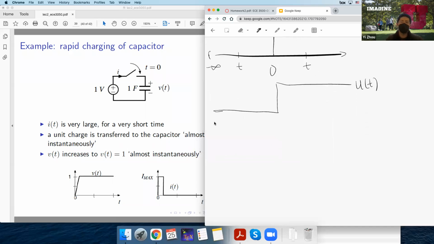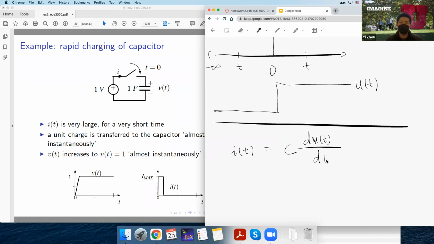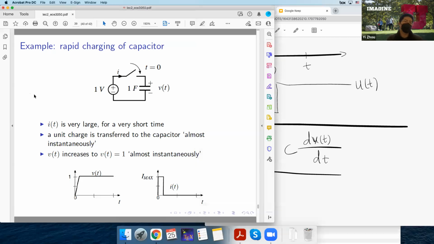I believe, if I remember correctly, though I'm not sure this is correct, it should be the derivative of the voltage multiplied by the capacitance of the capacitor. And therefore, if we model the voltage as a unit step signal, then the current is a scaled impulse signal. This is a very good example that connects these two special signals.